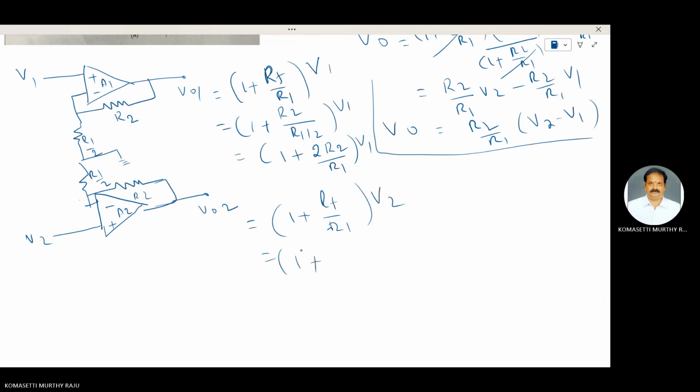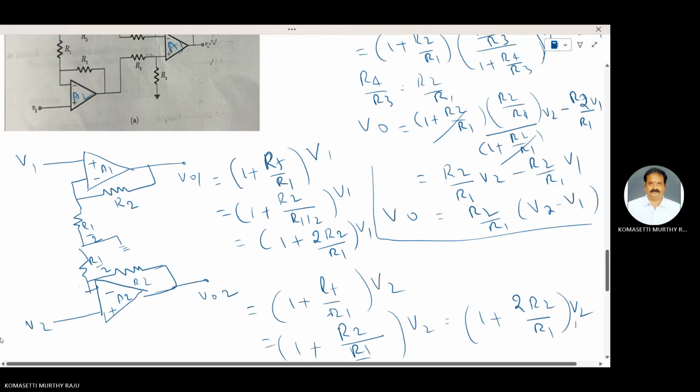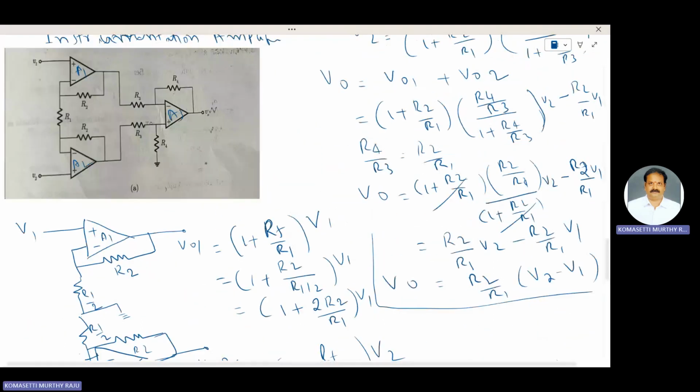Here RF is R2 and R1 is R1 by 2. That is equal to 1 plus 2 R2 by R1 into V2. This one is V01 voltage and this one is V02 voltage.